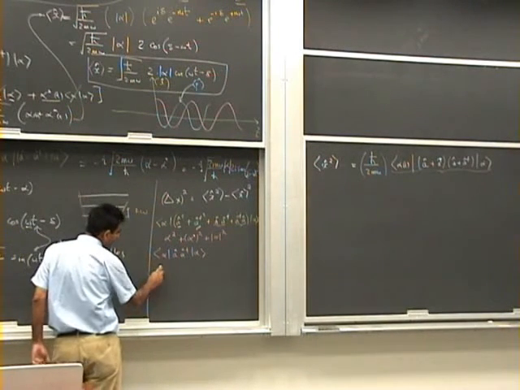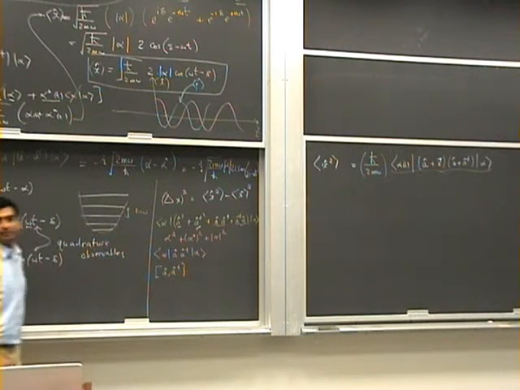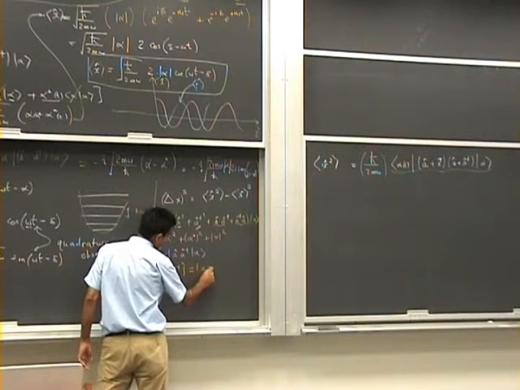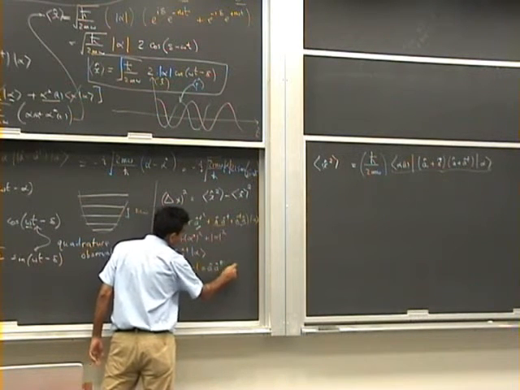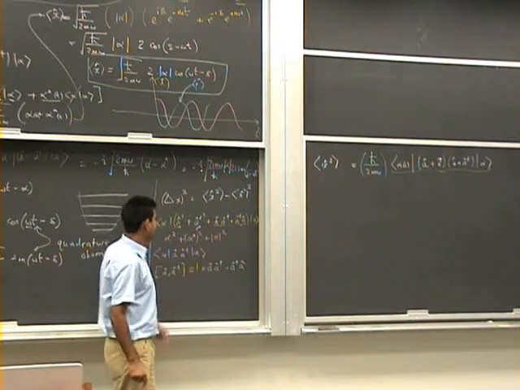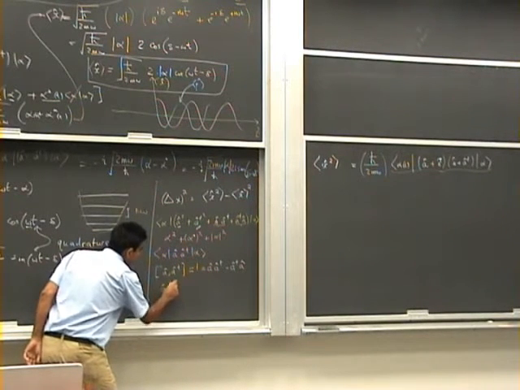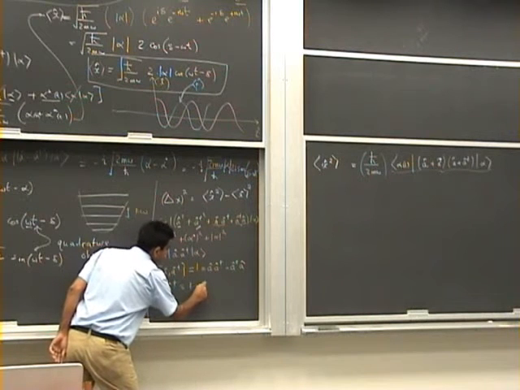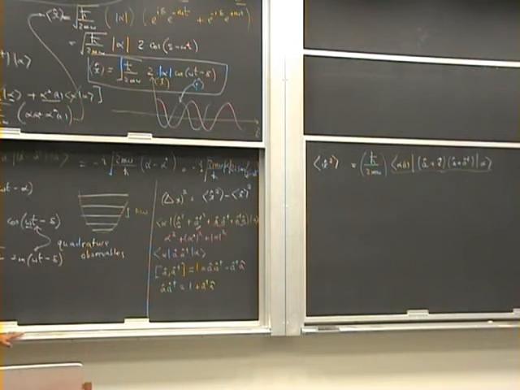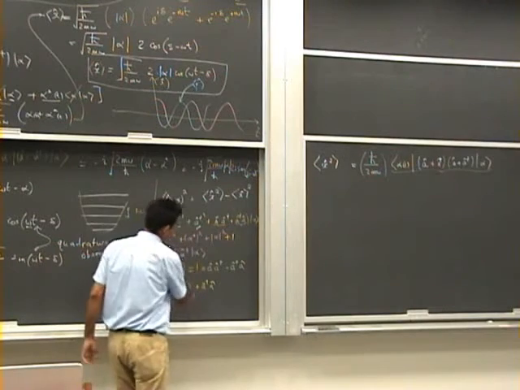Now we know there is a commutation relationship between A and A dagger. This commutation relationship says this is equal to 1. This is A A dagger minus A dagger A. So I can write this A dagger as 1 plus A dagger A. So I get a 1 here because of this one.